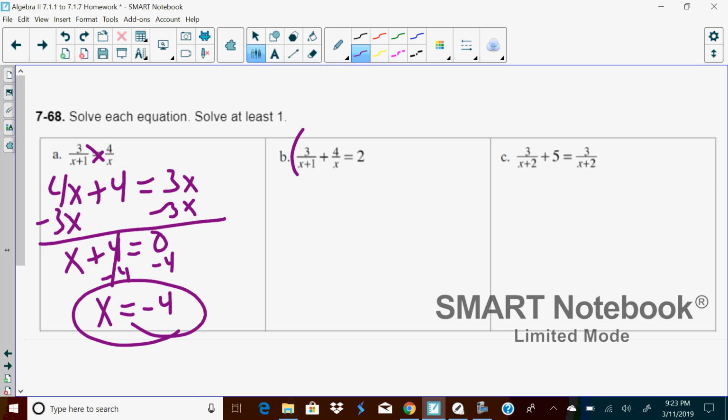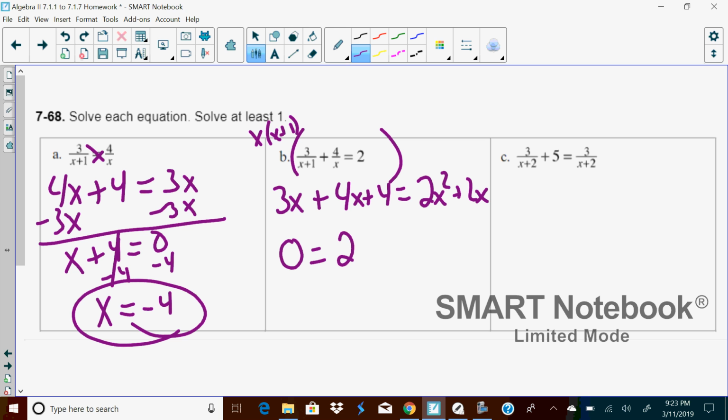So for b, I'm going to multiply everything times x plus 1 as I go through. So this is going to end up being 3x. The x's will cancel, so I get 4x plus 4 equals 2x squared plus 2x. So then I move everything over. This is 7x, and 2 minus 7 is going to be negative 5. So I'm going to get 0 equals 2x squared minus 5x minus 4.